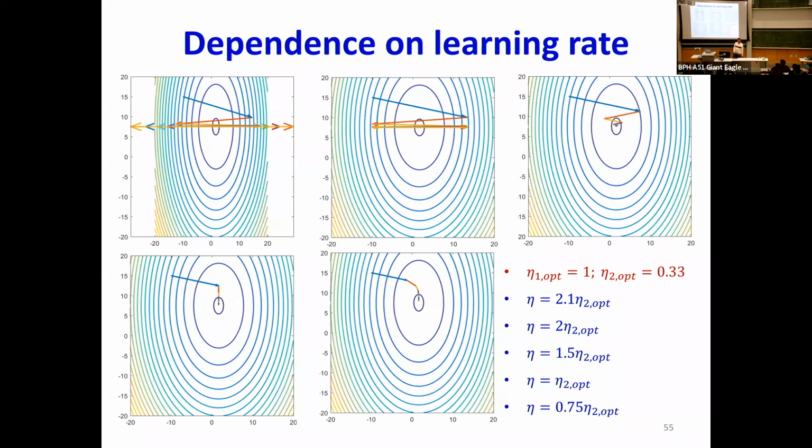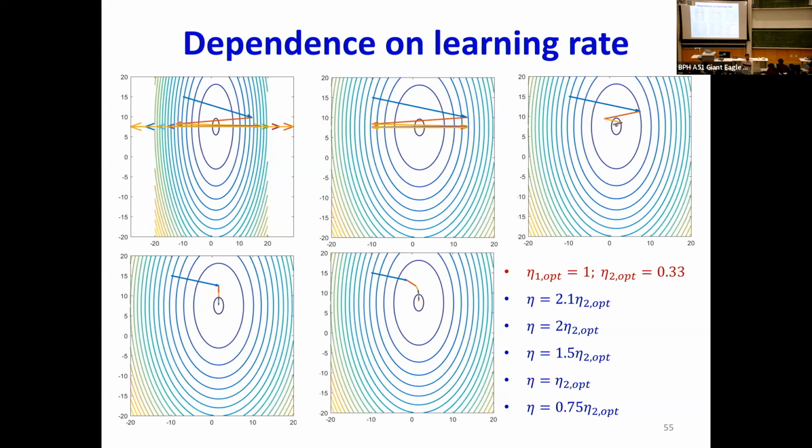It's going to converge monotonically along x1, but it's going to converge with oscillation along x2. If I have the step size which is exactly equal to 0.33, it's going to get to the optimum for x2 in a single step, but it's going to arrive slowly at the optimum for x1. And if the step size is less than 0.33, it's going to arrive slowly at the optimum along both directions.